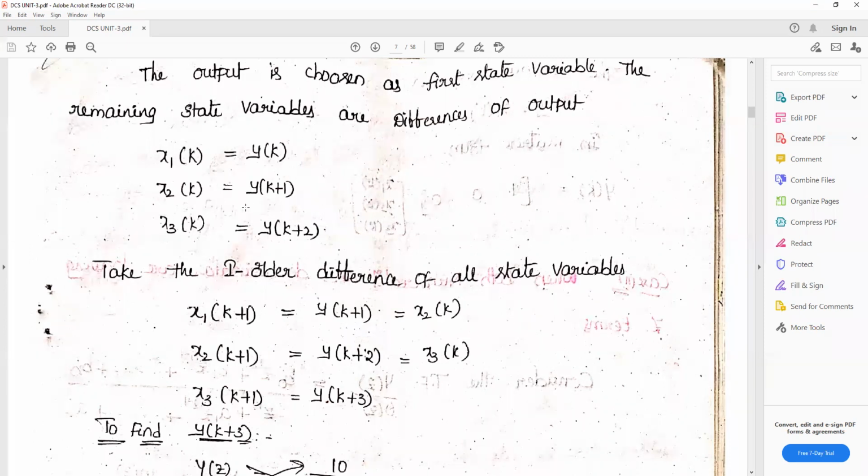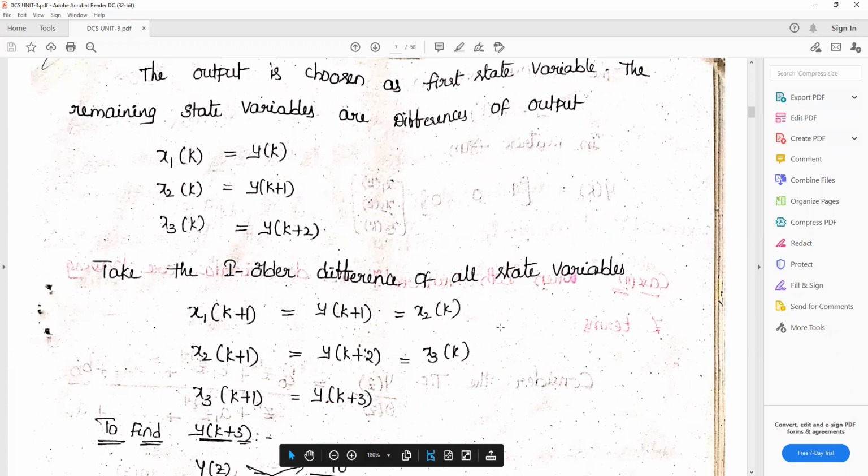Y of k is x1 of k, y of k plus 1 is x2 of k, y of k plus 2 is x3 of k, and the highest order is 3, so x4 of k is not used, because the order of the system is only 3.